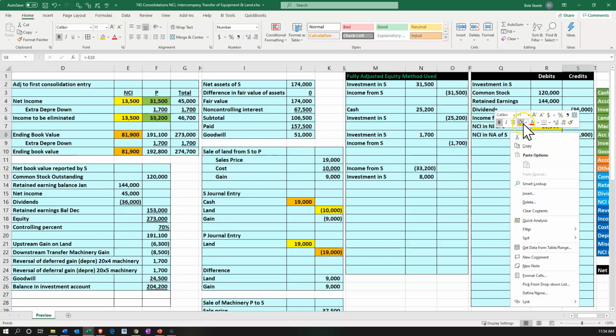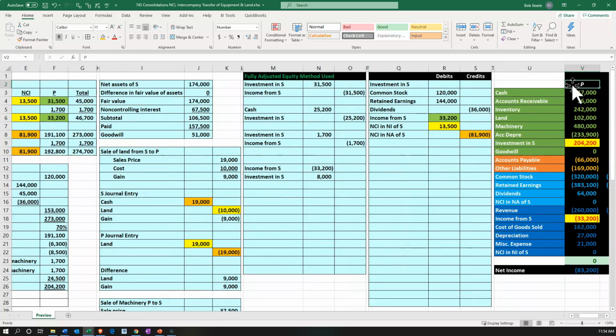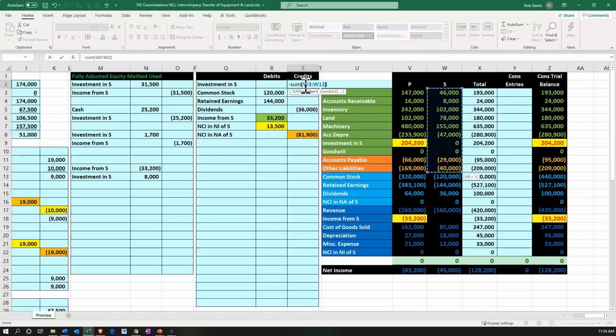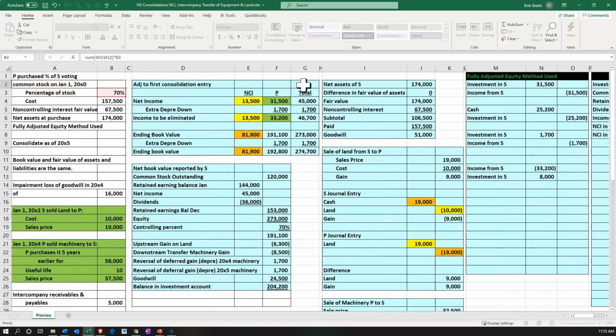And then we have the one up top, which is normally calculated as the same number here times the controlling interest of 70%. So I'm going to do it this way: negative sum of this times the controlling interest, or 70%.